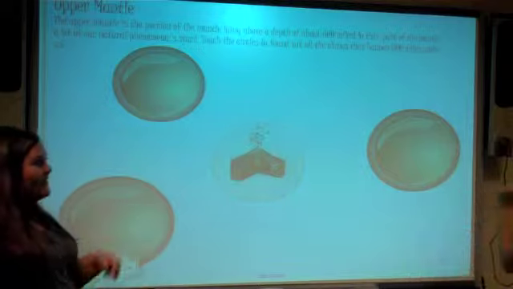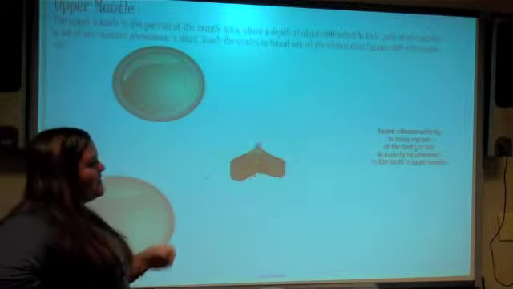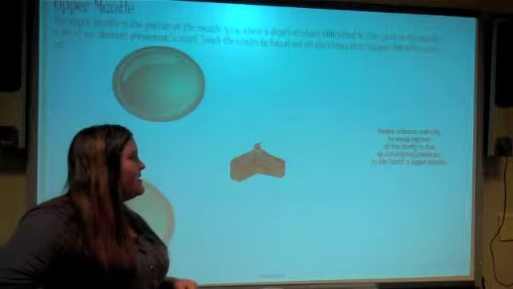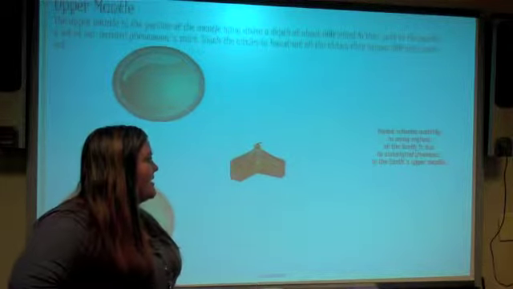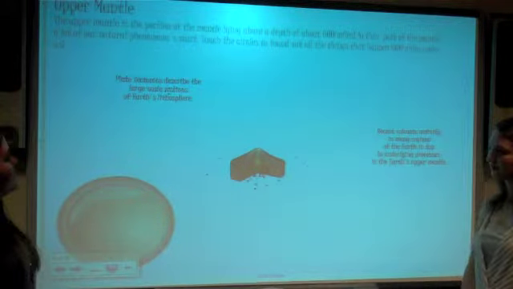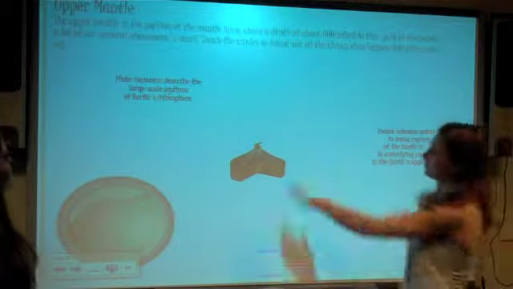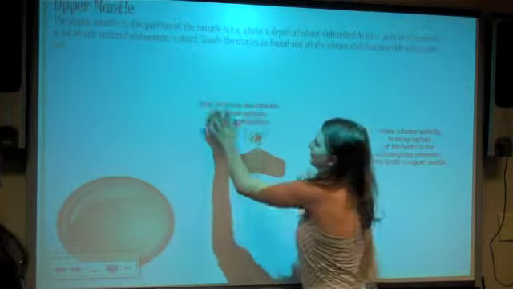Here we have a volcano exploding. It says recent volcanic activity in many regions of the Earth is due to underlying processes in the Earth's upper mantle. This one says plate tectonics describe the large-scale motions of Earth's lithosphere.